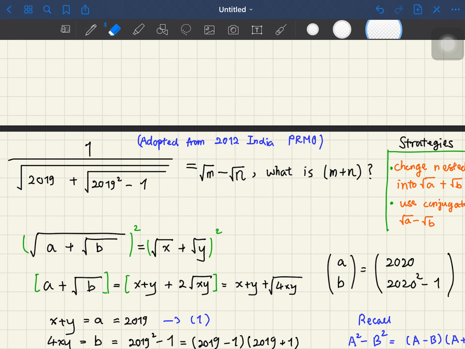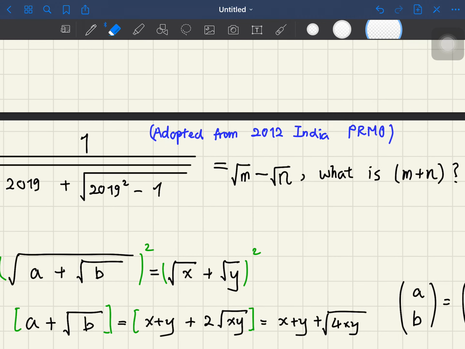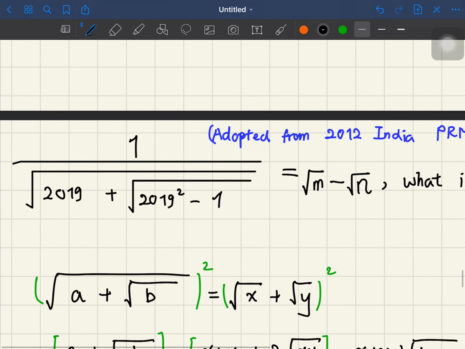You have the fraction 1 over the nested radical square root of 2019 plus square root of 2019 squared minus 1. In this case, we can try to use a bracket to represent that they are just a number.